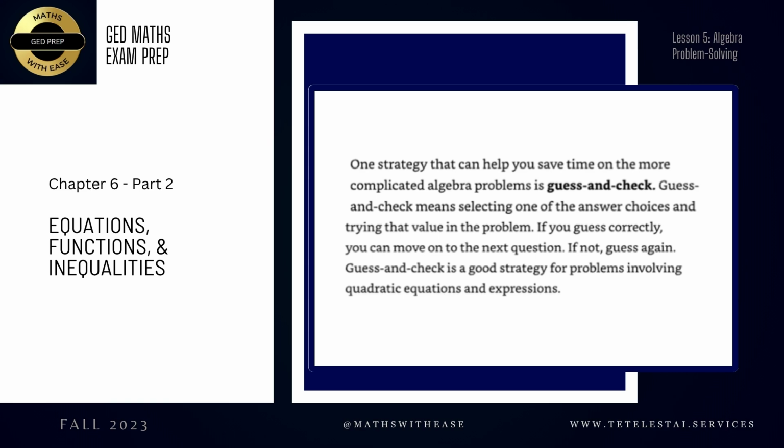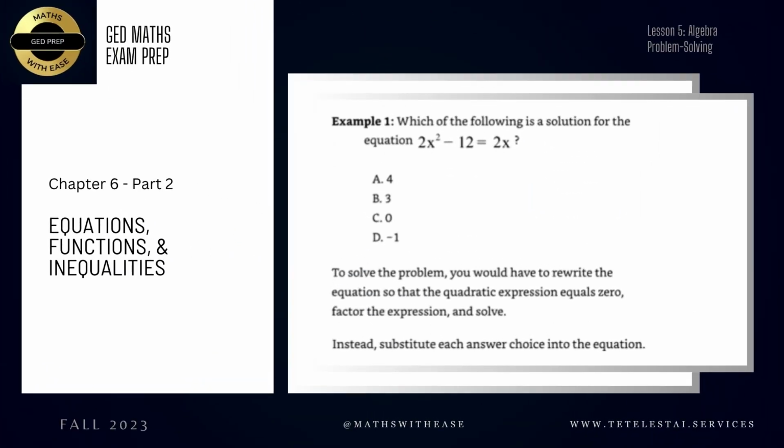So here, we're going to use the guess and check method to find which of the following is a solution for this particular quadratic equation. We have 2x squared minus 12 equals 2x. To solve this problem, you would have to rewrite the equation so that the quadratic expression equals 0, and then factor the expression and solve, which is what we did in the previous example.